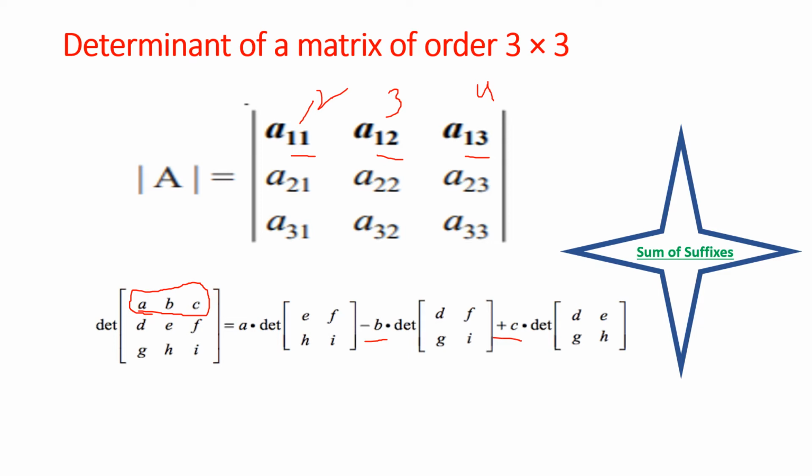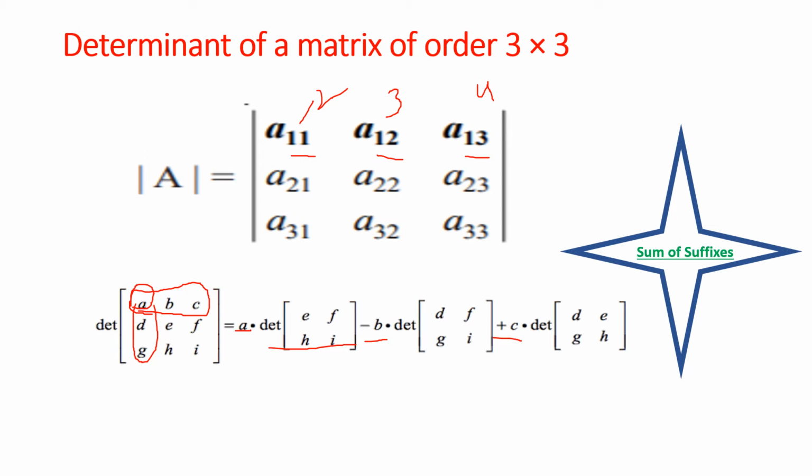When you are calculating for the number A, A will be written outside and you fix this column. So what are the entries which are left? We have E, F, H, I. So it will become A times the determinant of E, F, H, I.